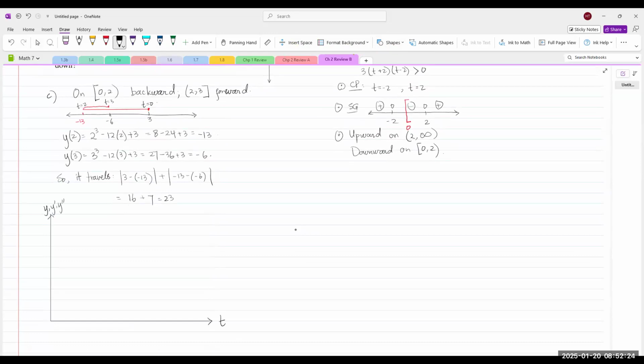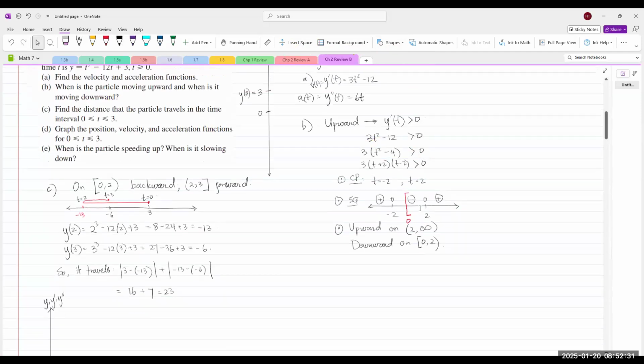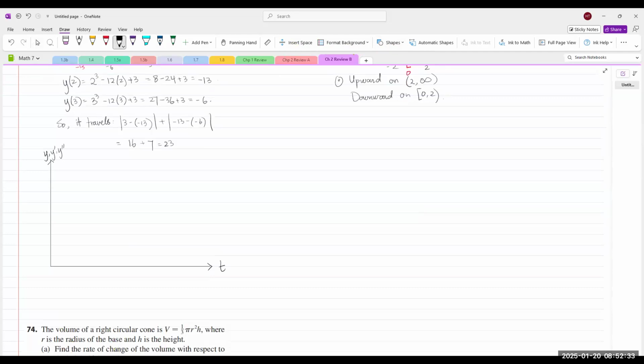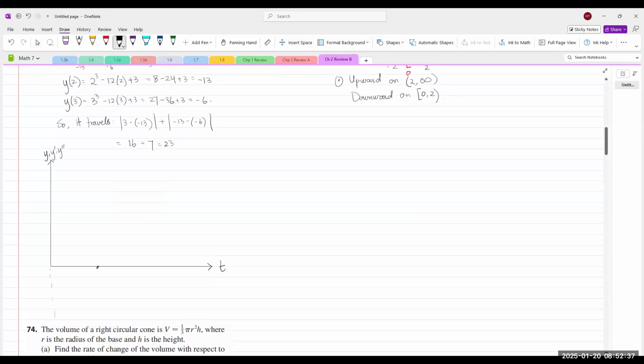Let me graph the first derivative, 3t squared minus 12. I try to get something nicer. I guess not. So let me just do it this way then. So it's approximately like this.